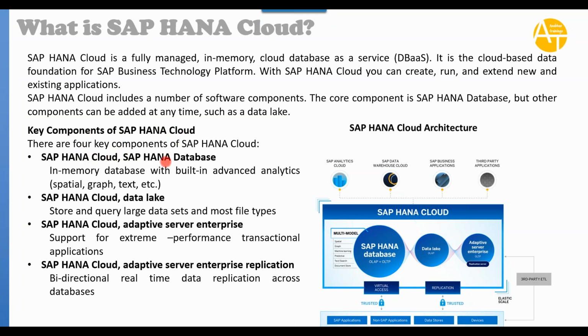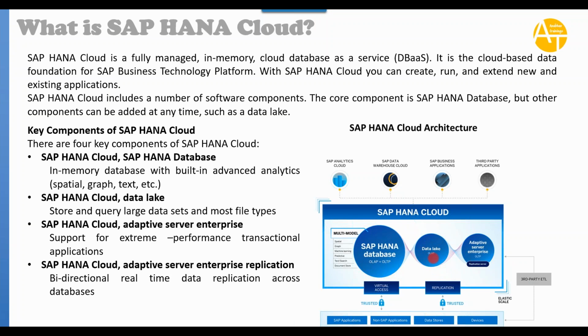The key components of HANA Cloud are, there are four key components. The HANA Cloud or the HANA database, you see this is the biggest bubble, which is used for OLAP and OLTP, online transactional and online analytical processing. Apart from that, it offers special features like spatial, graph, machine learning, predictive analytics, text search, and document store. Then we have data lake.